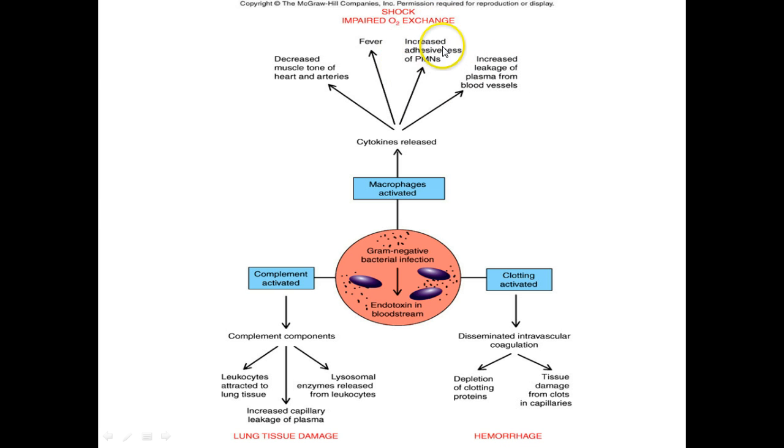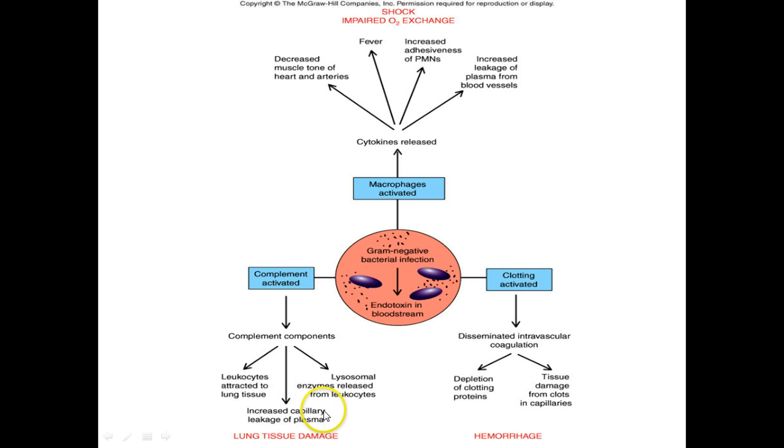They're going to cause neutrophils to come to the area. It can even cause fever. Decrease in muscle tone of the heart and the arteries will happen, so you have this dilation. Complement can become activated, and so we have more inflammation, leakiness. And lung tissue is particularly susceptible to this type of cascade of events.